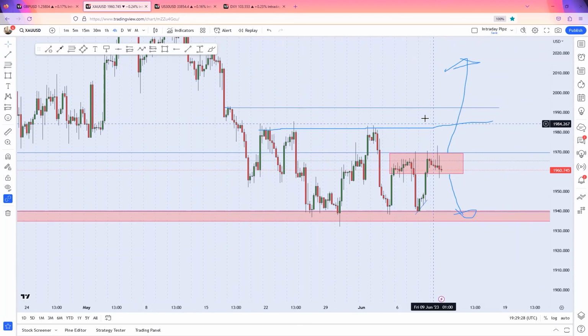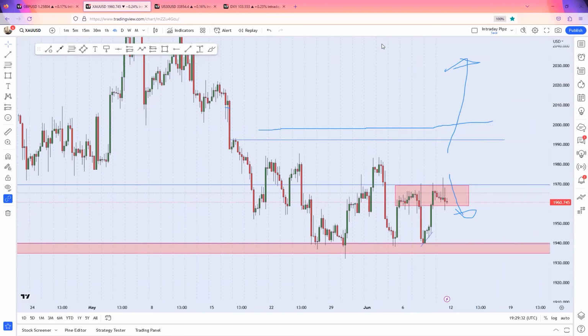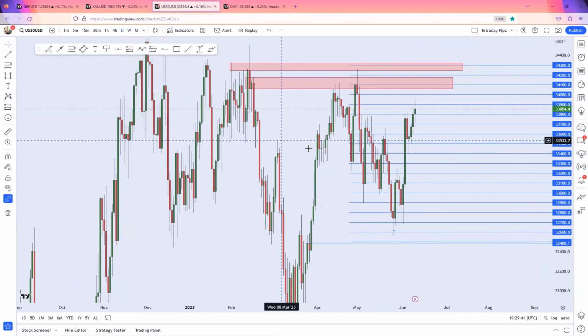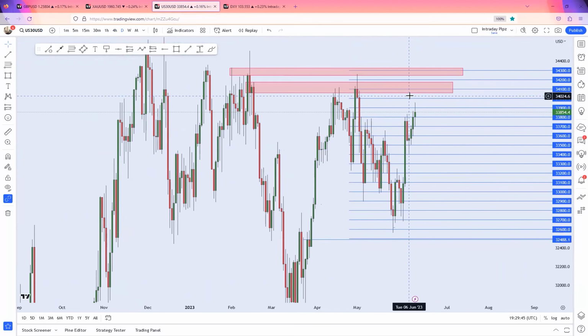All right, with that being said, let's jump to our last pair, which is going to be US30. Of course, if you are a follower, you already know that US30 is our favorite pair. Without even much of an analysis, looking at how Friday closed, it is clear that the price action depicts that we should be seeing a bullish continuation.